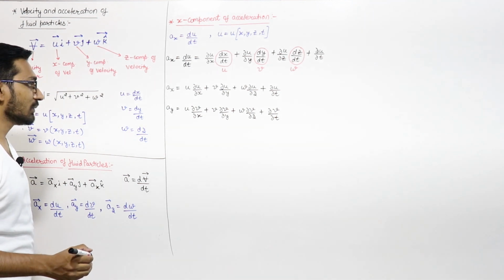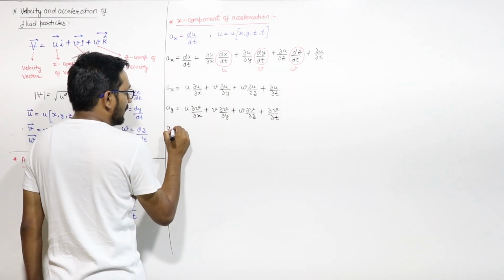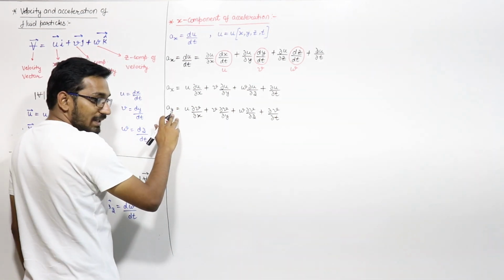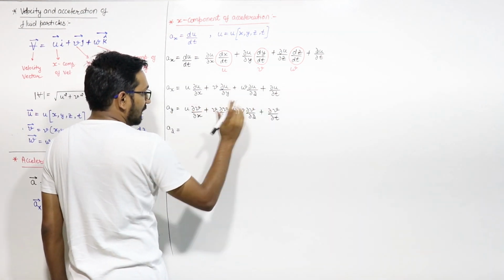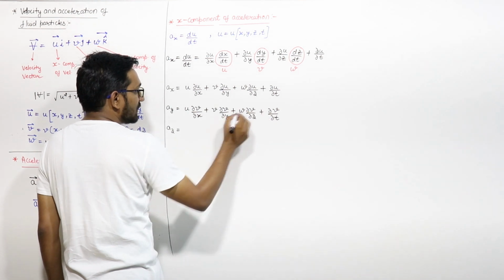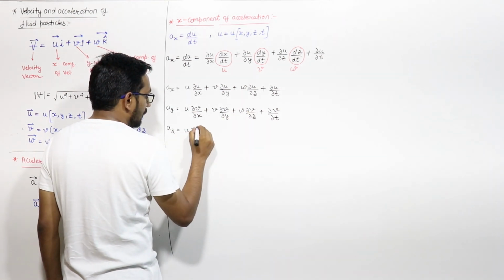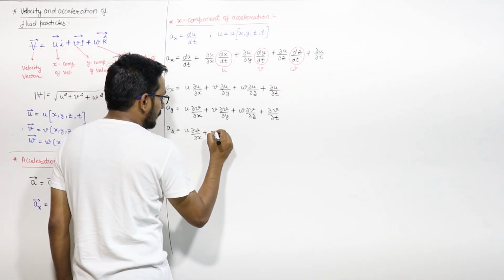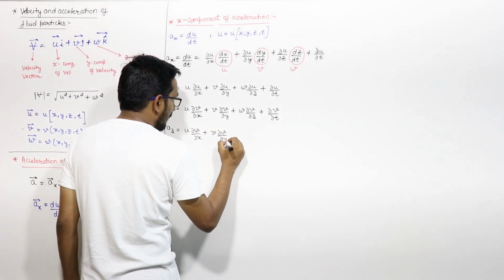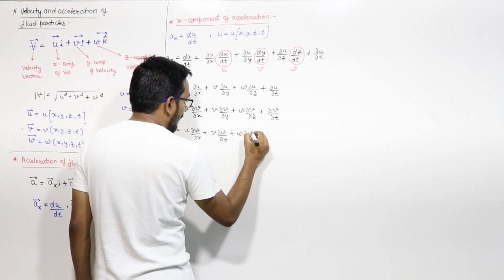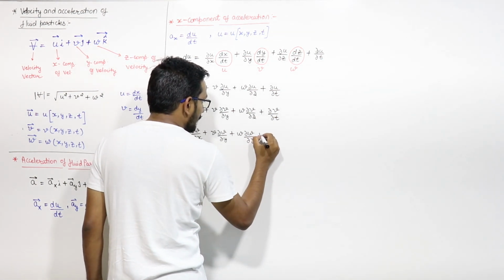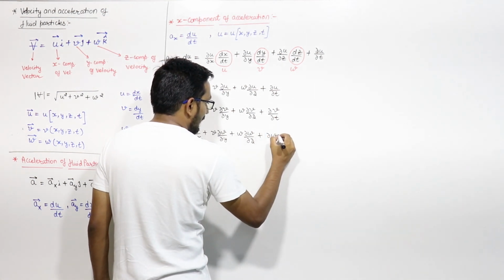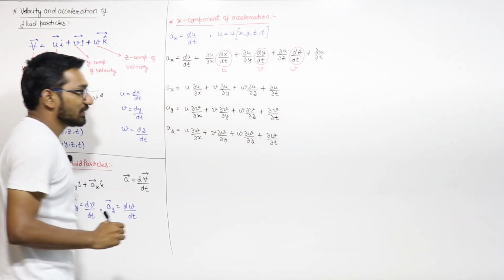Similarly, for the z component of acceleration, just remember, if you are writing y, then inside every component is v. If you are writing z, then inside every component is omega. So it will be u into del omega by del x plus v into del omega by del y plus omega into del omega by del z plus del omega by del t.